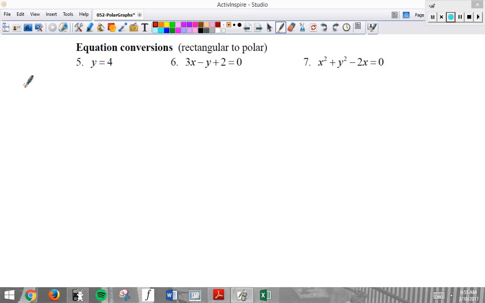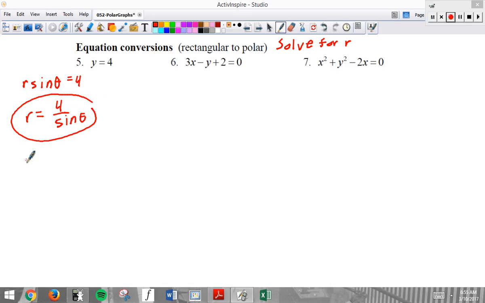So y can be replaced by r sine theta equals 4. And now you want to solve for r in most cases, unless they say otherwise. So r equals 4 over sine theta. And that'll be good enough for me. You could also reason that 4 over sine theta is 4 cosecant theta.